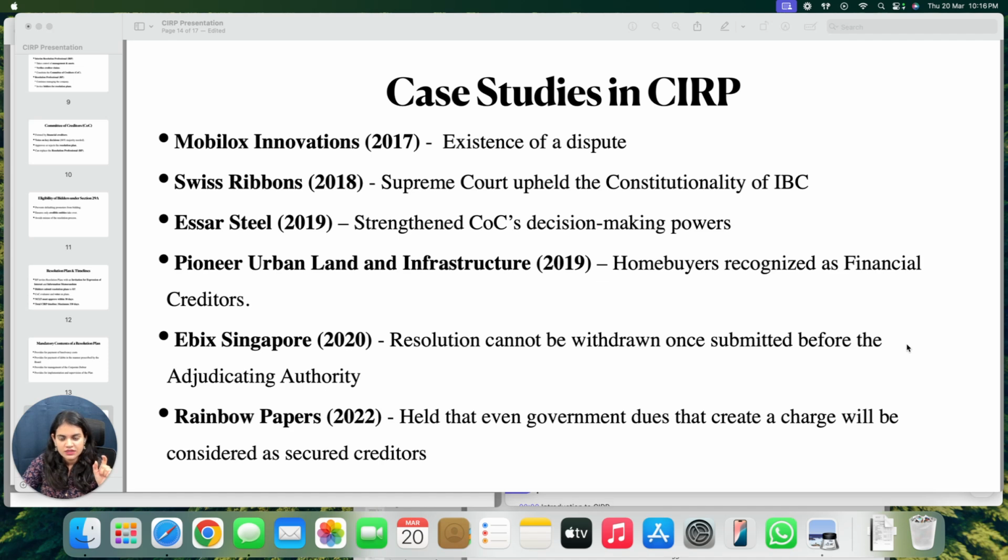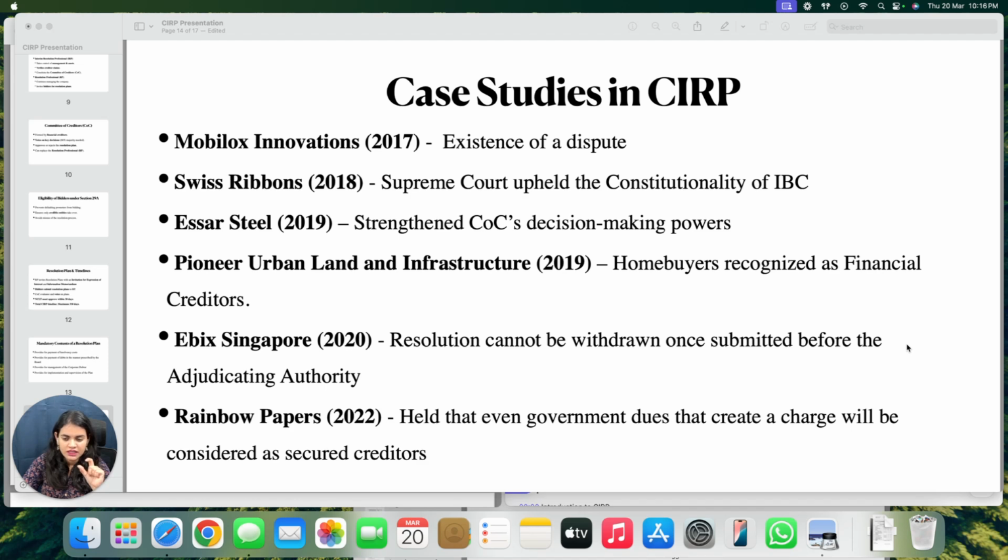In this, the NCLT deemed that there was a pre-existing dispute. The corporate debtor in this instance had an NDA which was supposedly violated by the operational creditor.